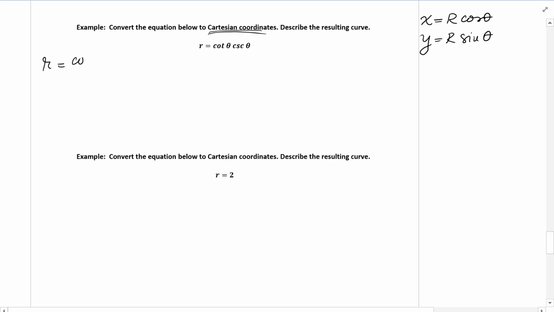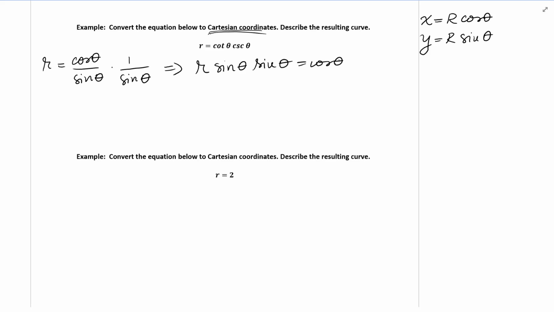So cosine theta over sine theta, that's cotangent, times cosecant theta, that's 1 over sine theta. So we actually get r sine theta equals cosine theta. We just moved the sine to the other side.